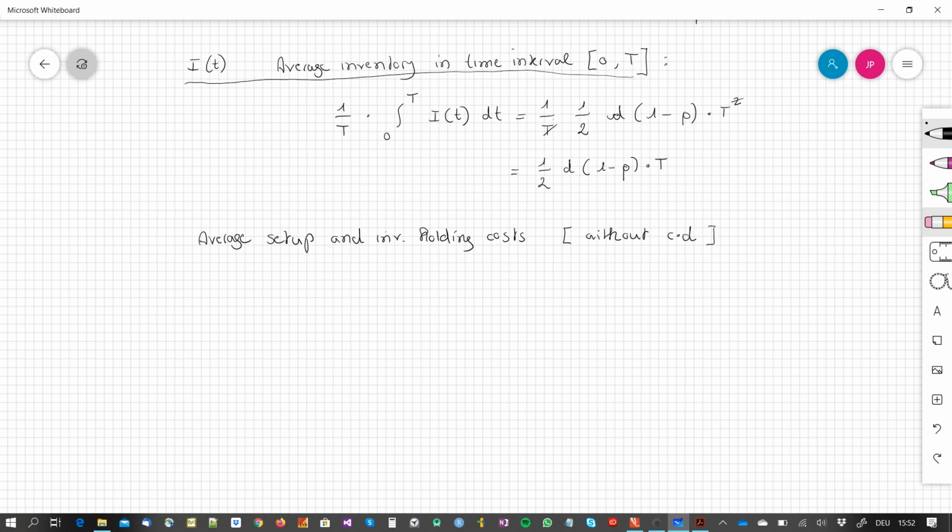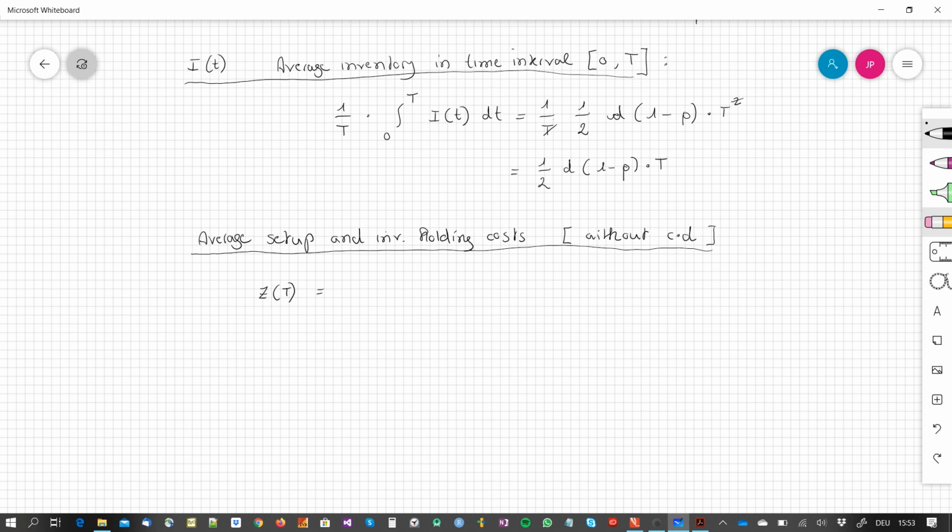But of course, if you want to calculate the overall optimal average costs, you would have to take them into account. But here we abstract from them. So we denote this zeta from T, and now we regard this with respect to the time, not Q first.